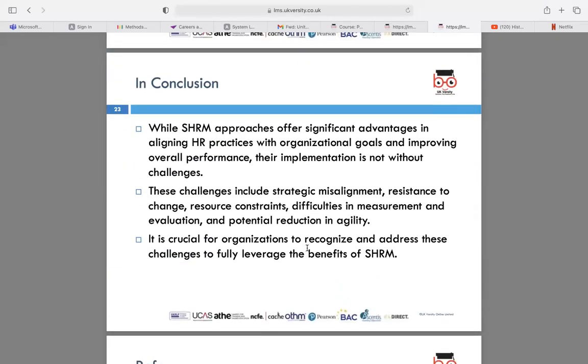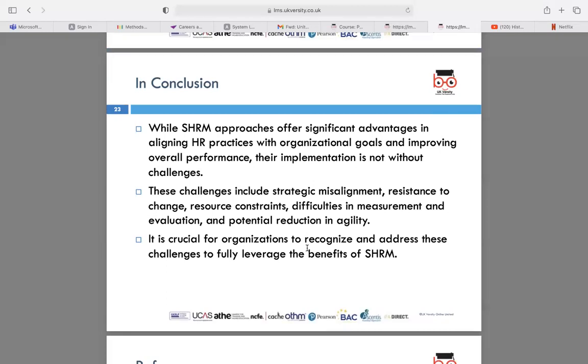So concluding, I would say that while strategic human resource management practices offer different advantages, they need to be aligned with the business and the organization's goals for them to work out really well, without any challenges. We spoke about the different challenges that businesses can go through while launching new strategic human resource practices.